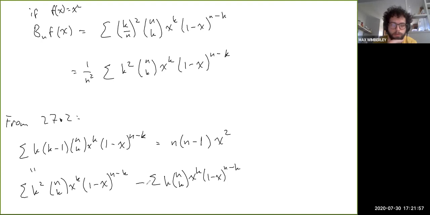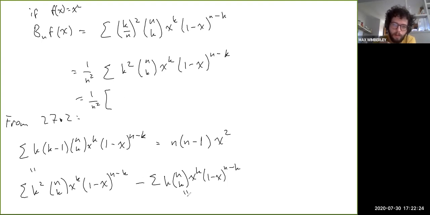Oh yeah, okay, I think this works. So this is what we're interested in. What we have is that this is 1 over n squared times this plus this, if you add this term to both sides.